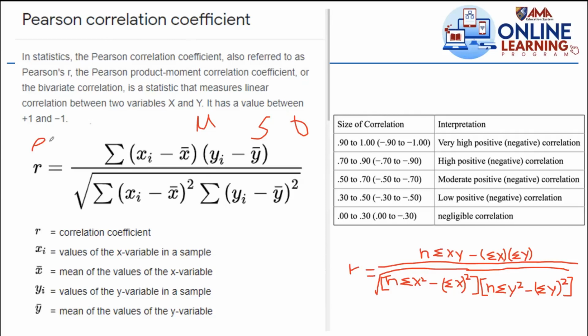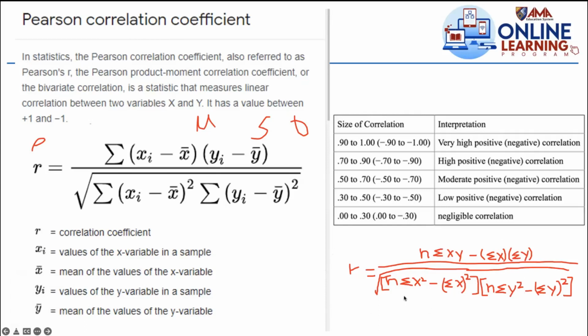The formula for rho, which is also the correlation coefficient referring to the population, I'll leave to you for your research. If your research deals with a population data set, not a sample, then look for the formula of this. For our examples, we'll use this.